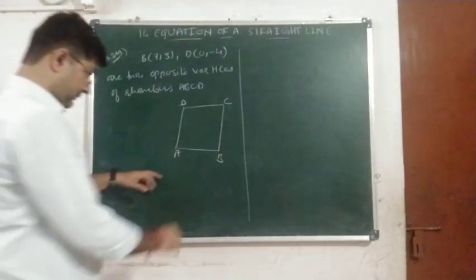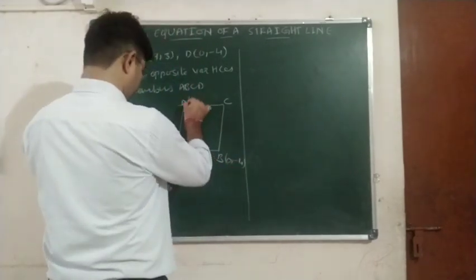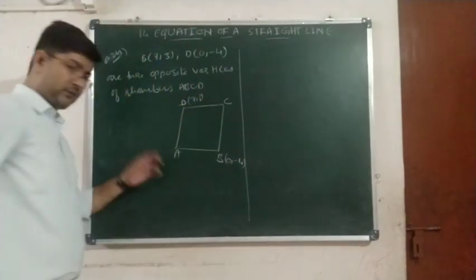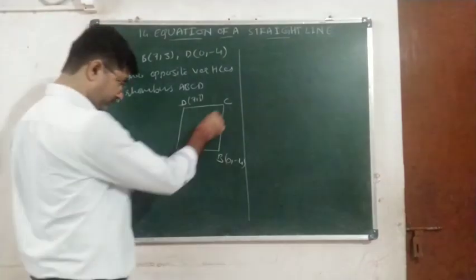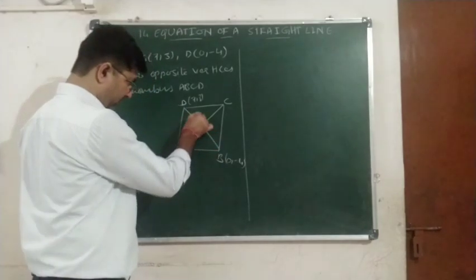Okay, so we are given the vertices B and D, coordinates are given. We have to find the equation of diagonal AC.